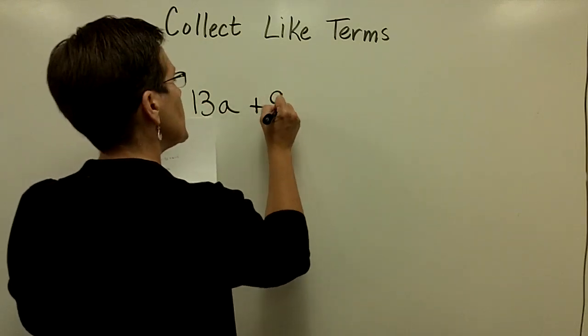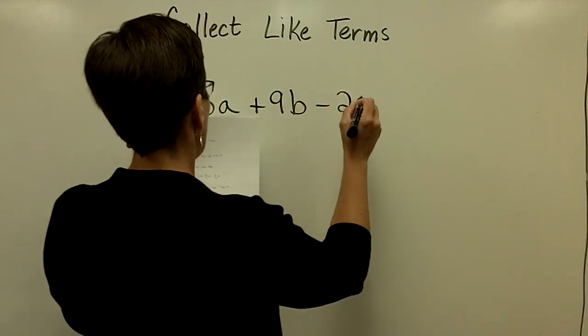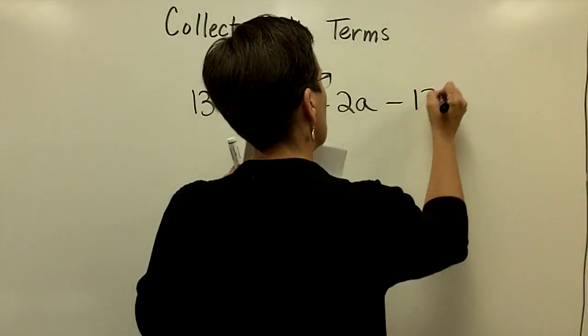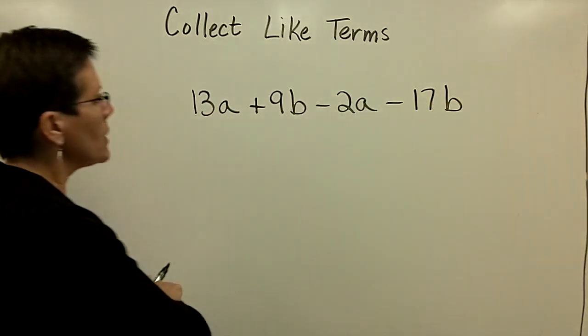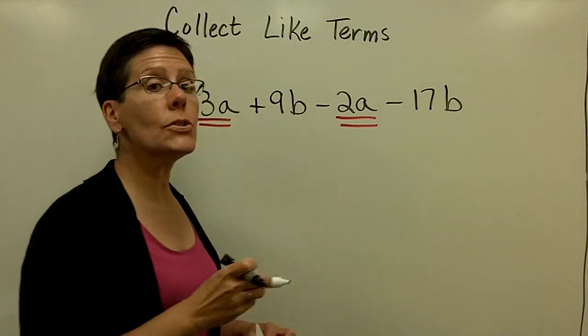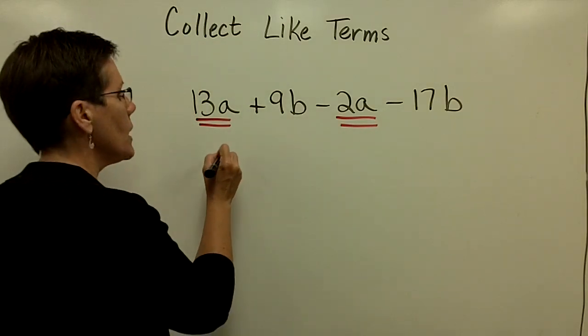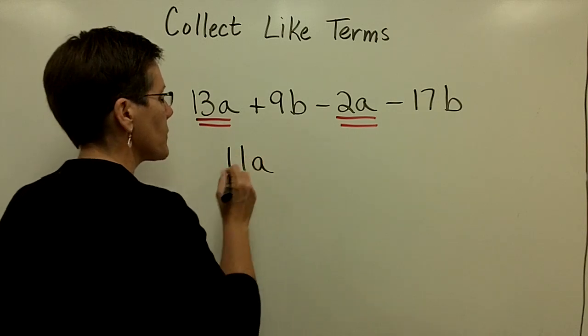So sometimes we don't put the like terms right next to one another. So here I've got 13a, and I want to take away 2a because they're like terms, and 13 minus 2 is 11.